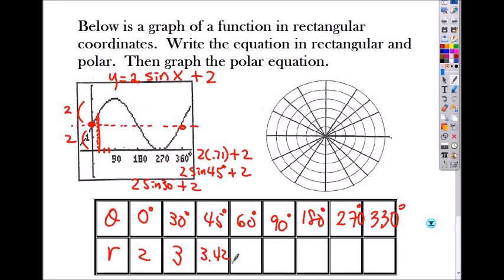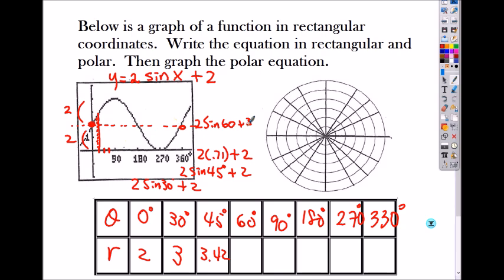What about 60? Sine of 60 will be what? What's sine of 60? Yeah, root 3 over 2. So you multiply by 2 plus 2. What's root 3 over 2? It's about 0.87. Plug it in.